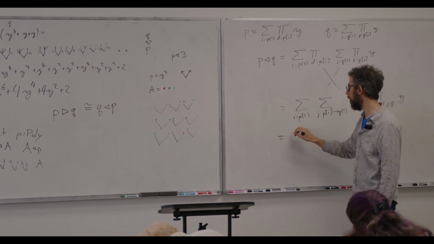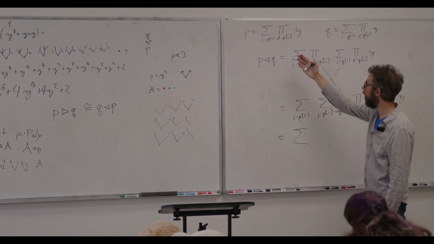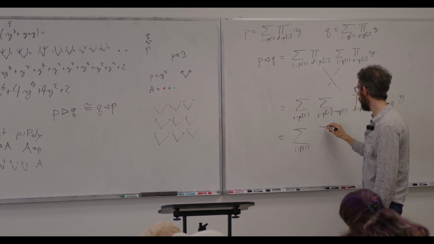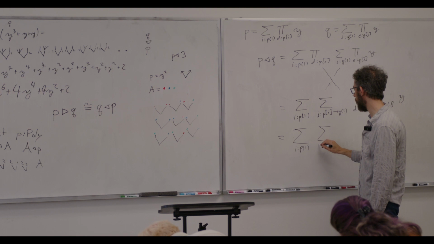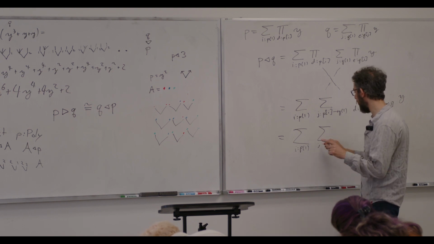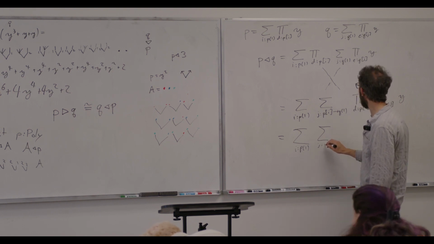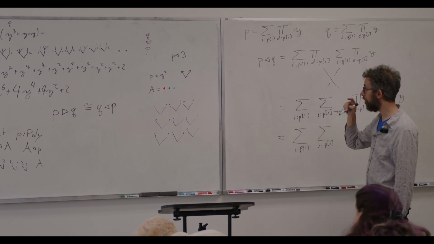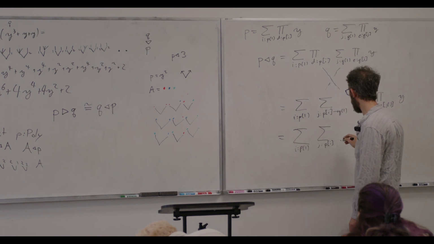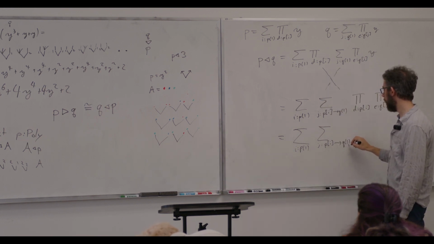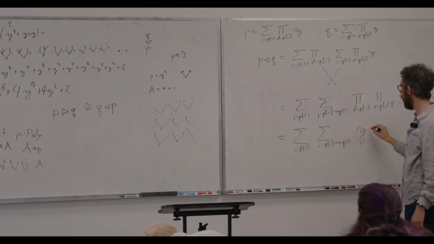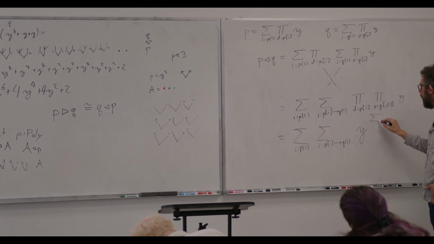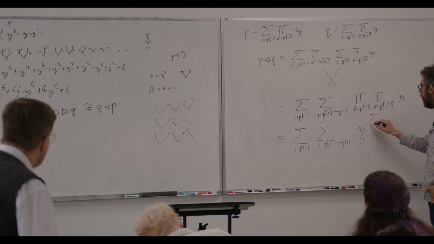So a position of P composed Q is: you choose a position of P, and for every direction of that position, you choose which corolla you want to use. And then the directions there are a choice of direction in each one.